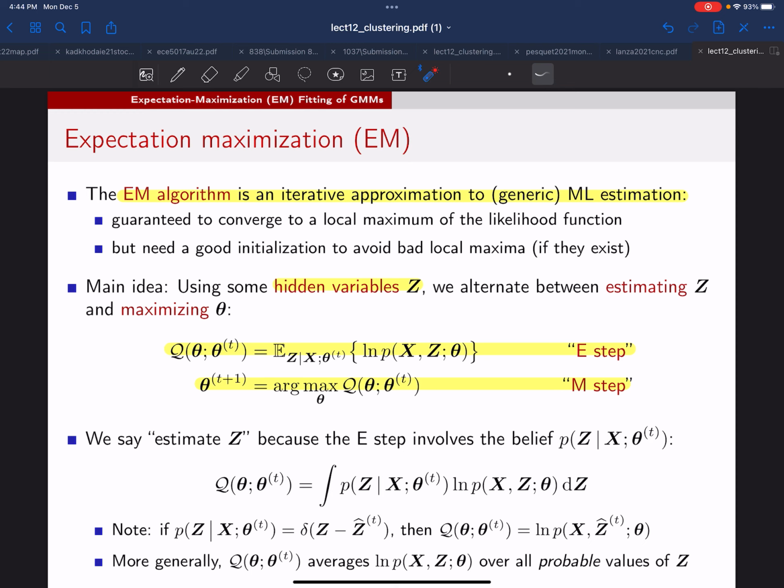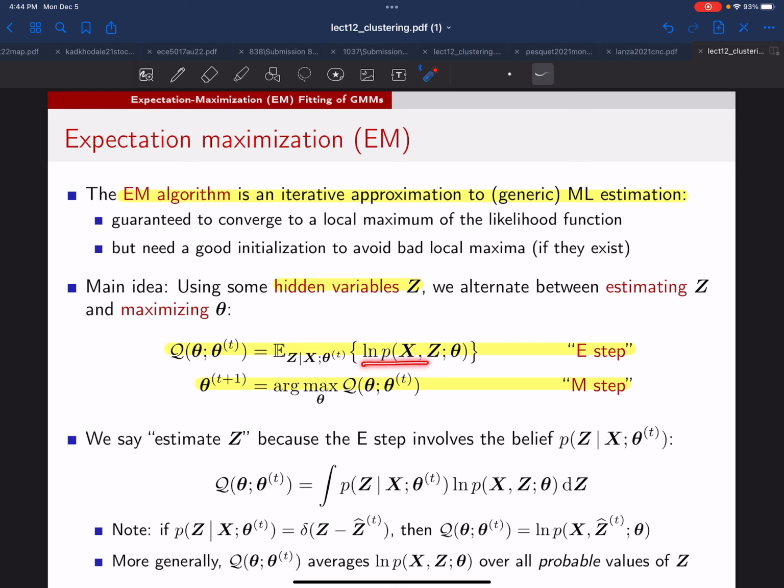Okay, let's look more closely at what this function Q is. So here we have a conditional expectation. This is the thing we are averaging, this log, and notice that this is a joint. This is not p(x given z), this is p(x and z).